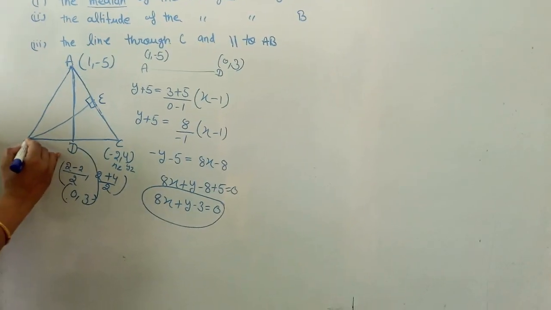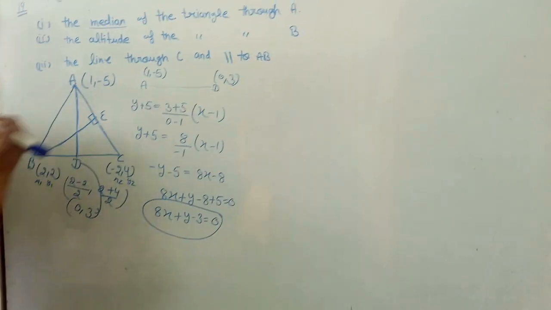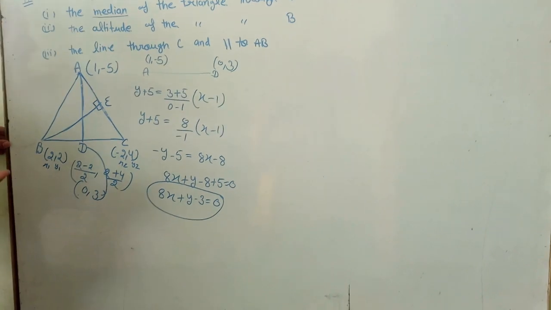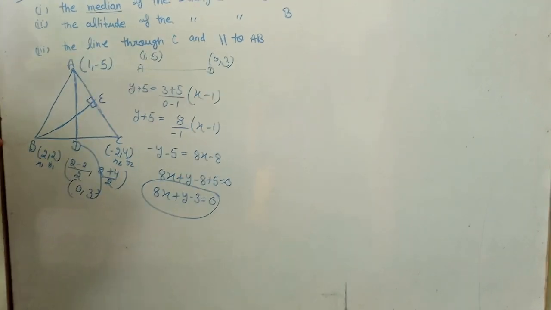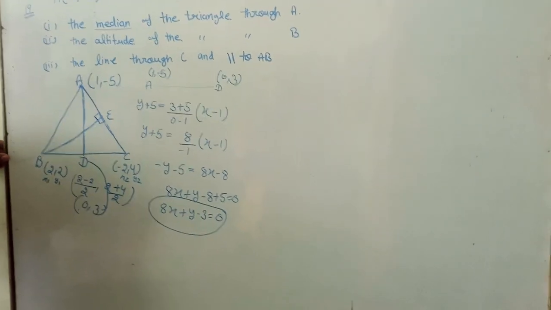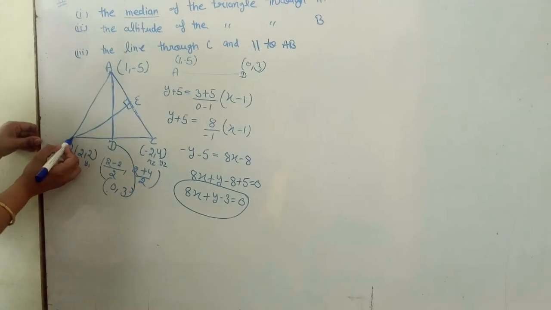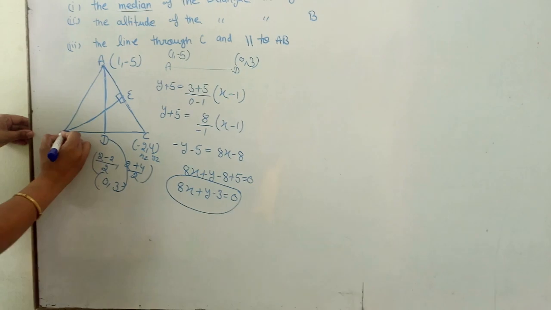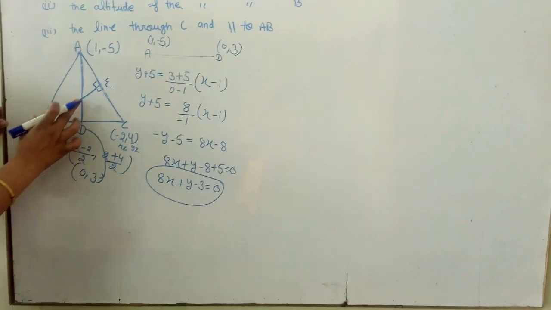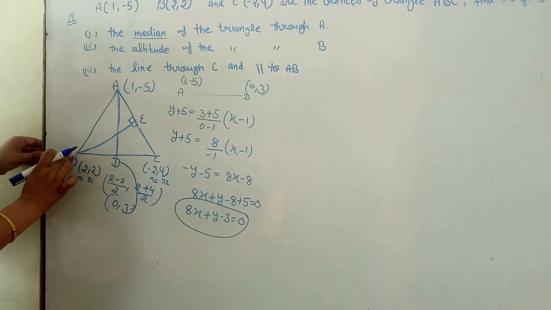We find the equation of BE. Same, we have three methods. First, slope-intercept, but there is no intercept. Second, point-slope form. There is a point B through which line BE passes.